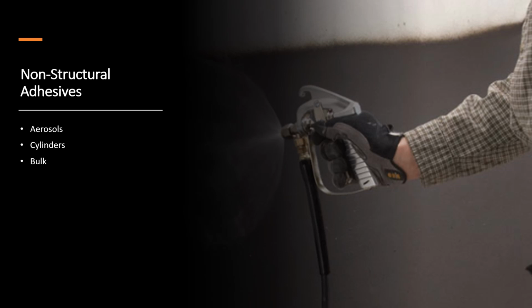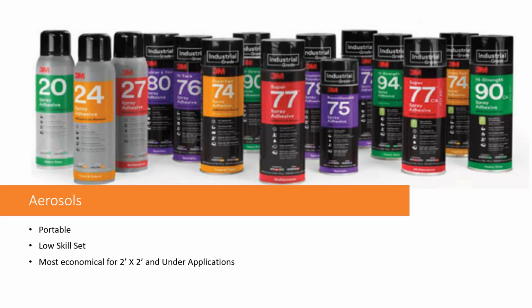Bulk would be 5-gallon pails, 55-gallon drums, or totes. So these are 3M aerosol spray adhesives. They're very portable. They don't require a lot of skill set, so anyone can use these properly. You don't need skilled labor to use aerosol spray cans. Super easy. They're a really good solution for small surface areas like 2 feet by 2 feet and under.